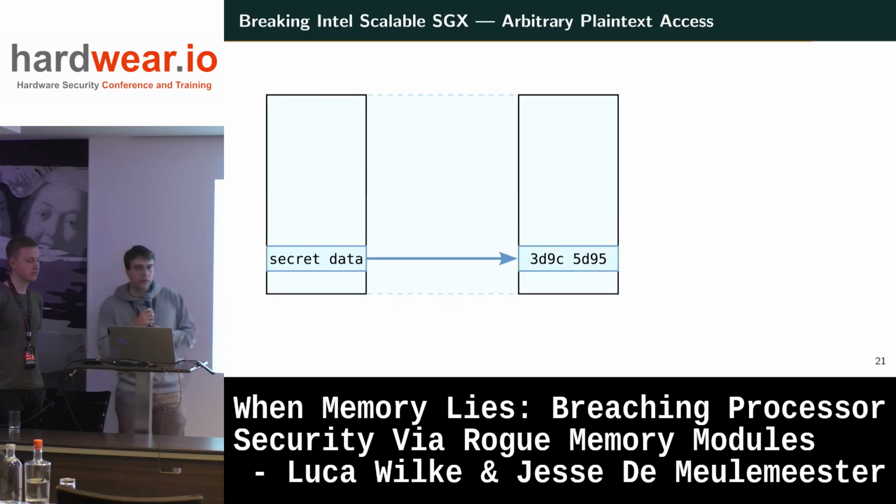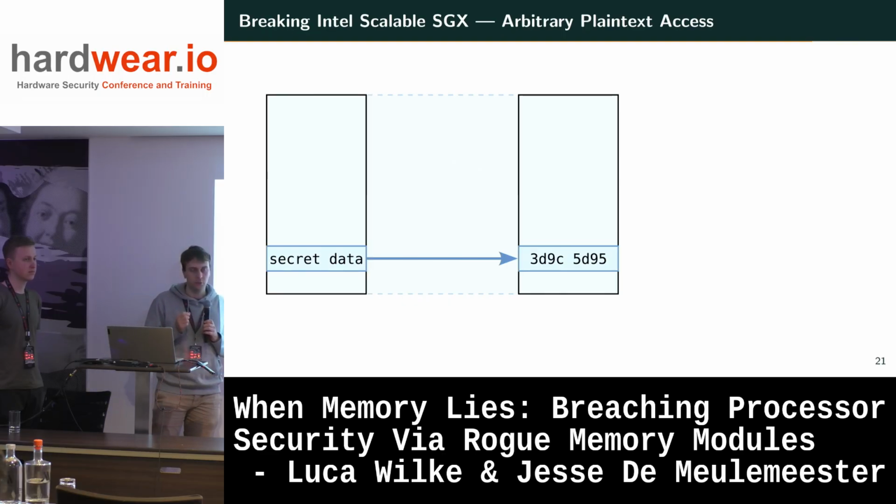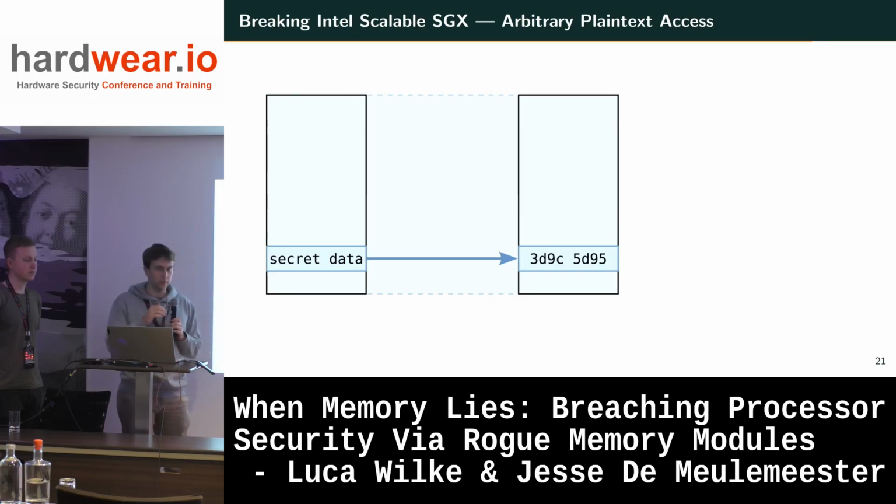The interesting thing about scalable SGX is that it actually only has a single memory encryption key for all enclaves running on the system. The only difference is that they have an address-based tweak, so different addresses map to different ciphertext, but all different enclaves use the same memory encryption key, and that allows us to access arbitrary plaintext of victim enclaves.